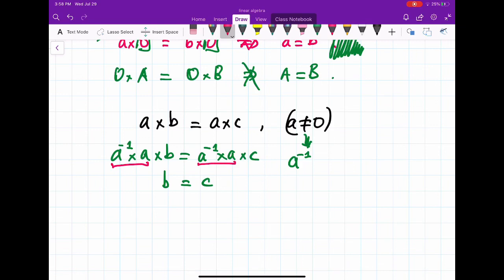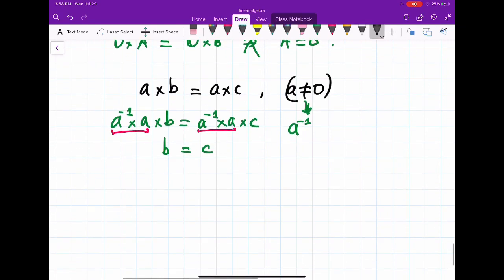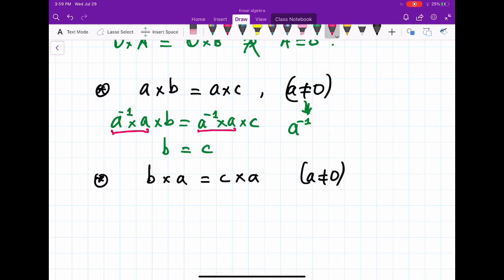Or if you have B times A equal to C times A, and again A is not 0, you can multiply with A to the -1, but from where? From the right. Don't forget that. And right here, we multiply by A to the -1 from the left. Let me finish this first.